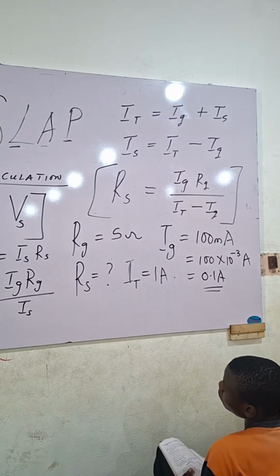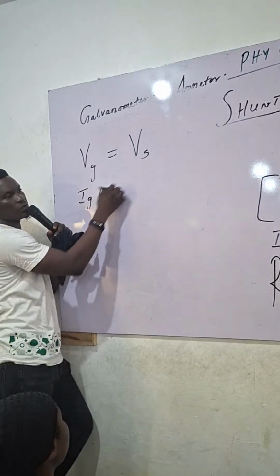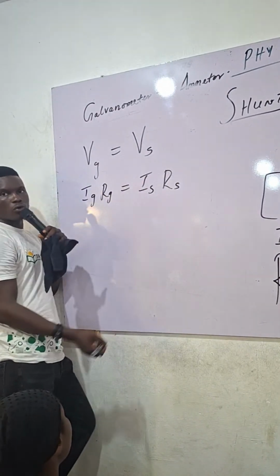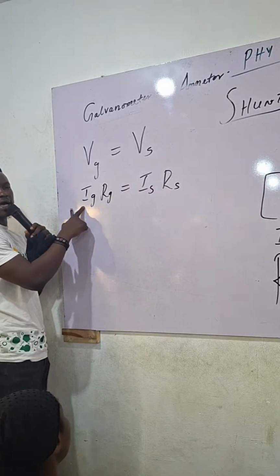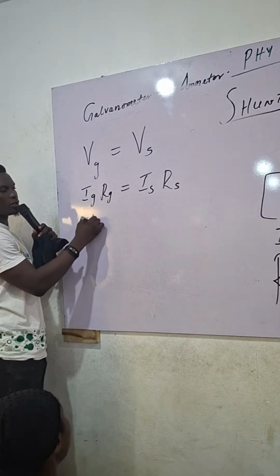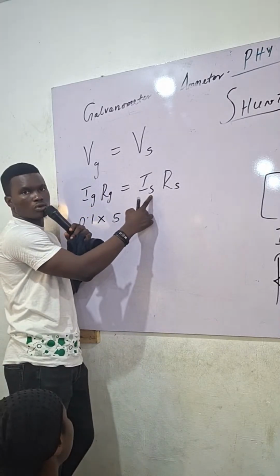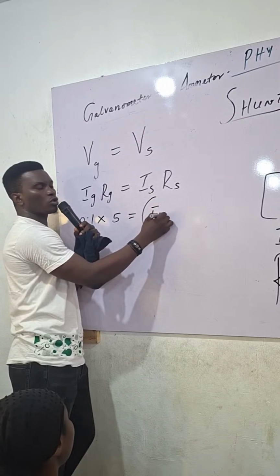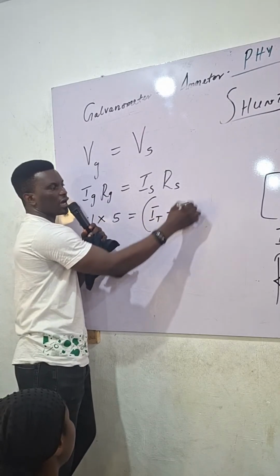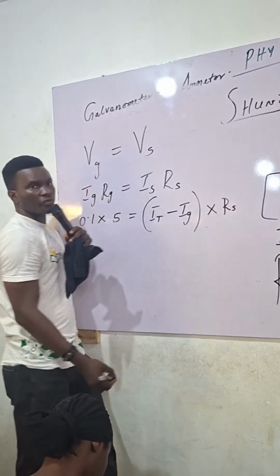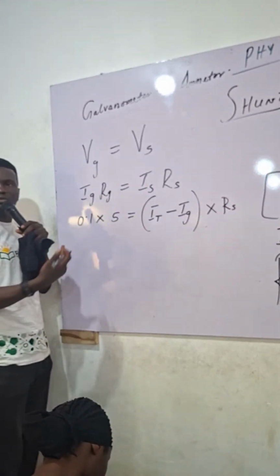I would have just said that my Vg is equal to Vs, so Ig Rg is equal to Is Rs. I don't have Is, but I know Ig. So I can put Ig 0.1 times Rg 5 is equal to Is Rs. I already know Is is going to be I total minus Ig. Then my Rs is what I'm looking for. So I don't have to cram the formula.